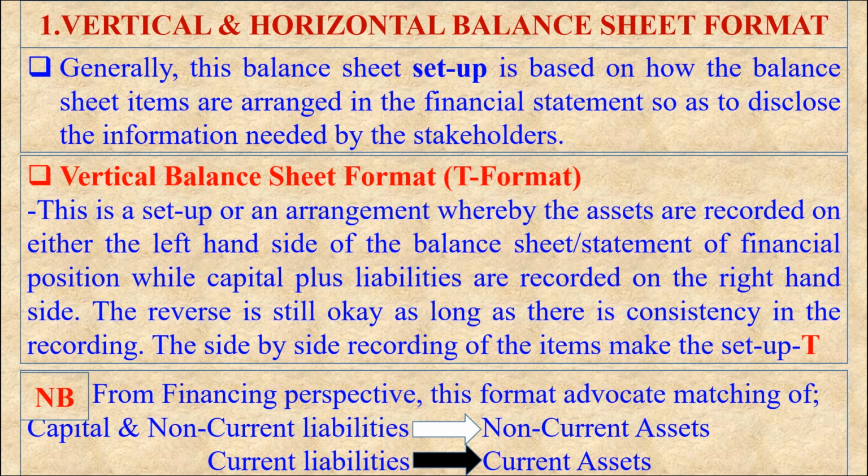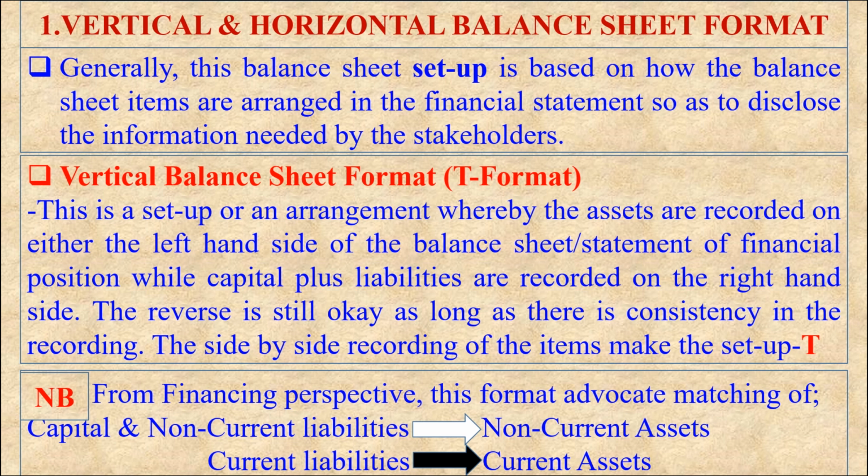The assumption here is that the non-current assets are actually financed by long-term sources of finance, such as owner's equity, what we are calling capital, and the non-current liabilities, which are all of long-term nature, while we assume that current assets are financed by short-term sources of finances, and that is current liability.